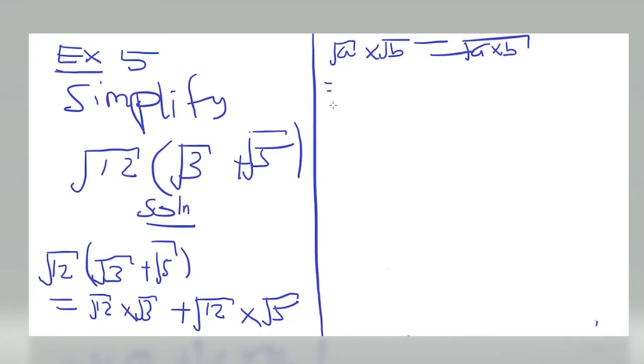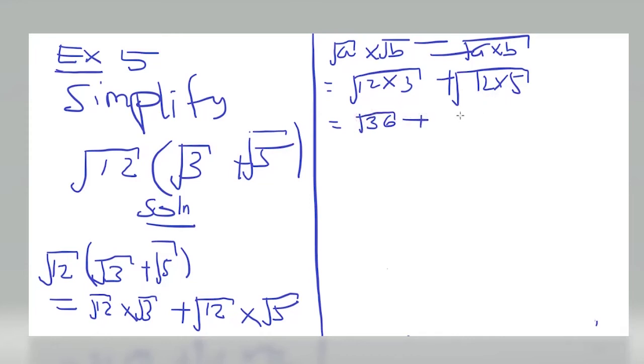This will be equal to √(12 times 3) plus √(12 times 5). Now this one is equal to √36 plus √60.